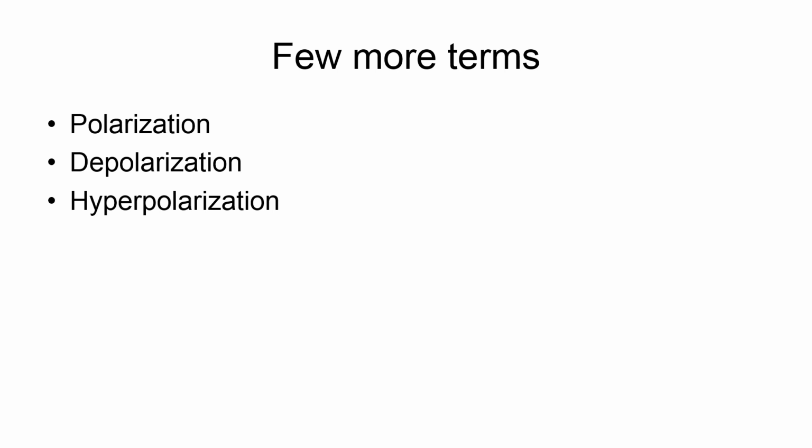There are a few terms used to describe the change in potential on the cell membrane. The first one is polarization. Polarization, as the word describes, means the charges are separated across the cell membrane. It means there is a formation of poles, that is, a difference in charges across the membrane.